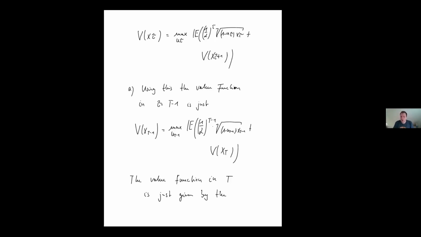So by definition, you just focus on a subset of the problem, right? Because you just say, okay, from tomorrow on, I will follow the optimal path, and I do not care how that would look like. The only thing I care about is, what is the optimal choice of my control today, given that from tomorrow on I'm following again the optimal path. This is expressed by this v.